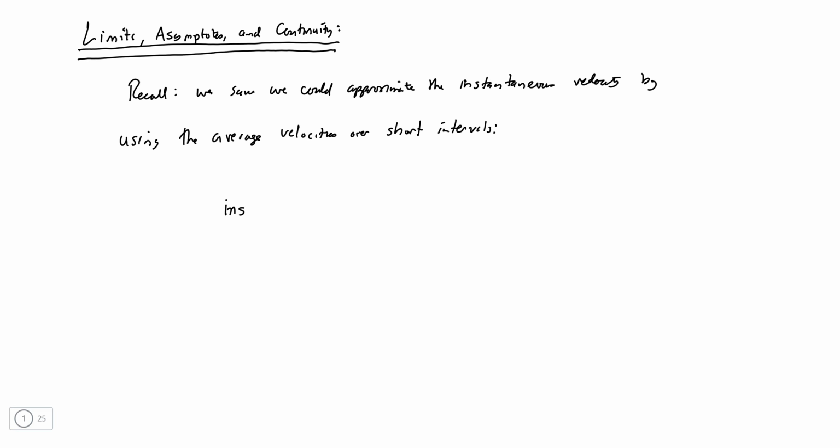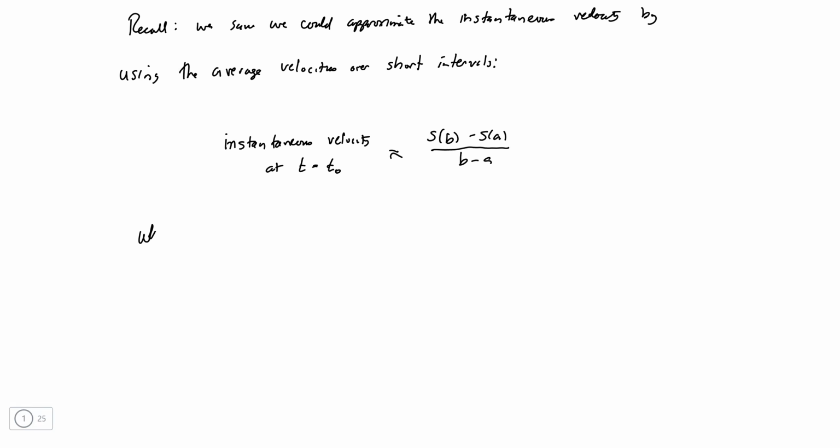So the instantaneous velocity at, say, time t equals 0, this was approximately, say, s of b minus s of a over b minus a, or we might have used d's before, where the interval ab contains t, and s is the position function.